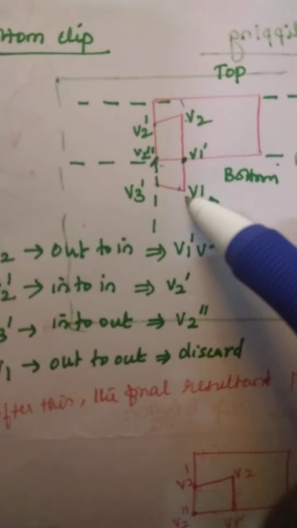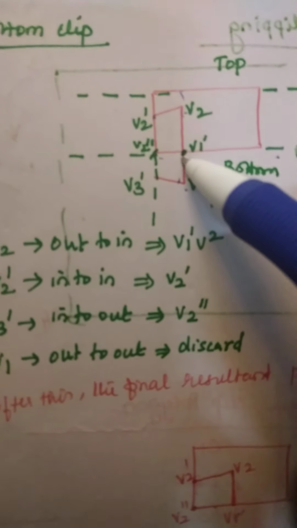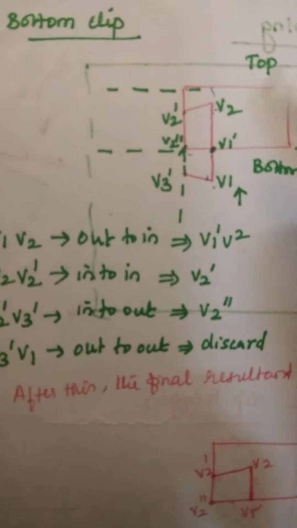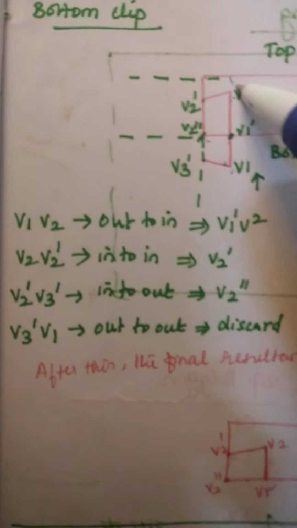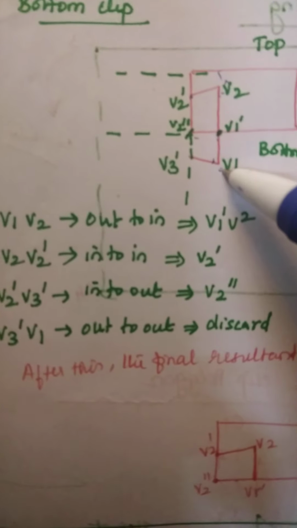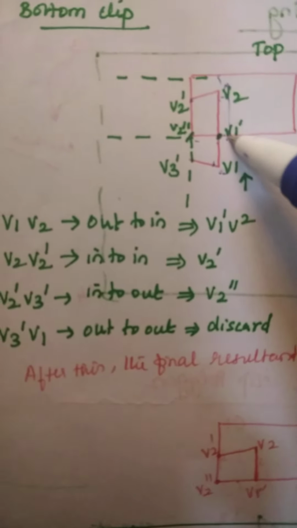So V1 is outside, V2 is inside, and V2 dash is the intersecting point. So here we are considering this concept. This is out to in. So out to in means save V1 dash, V2. So this area alone is being saved.